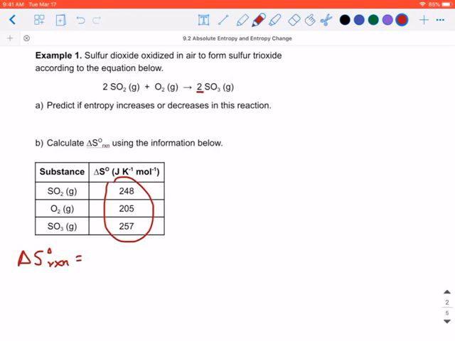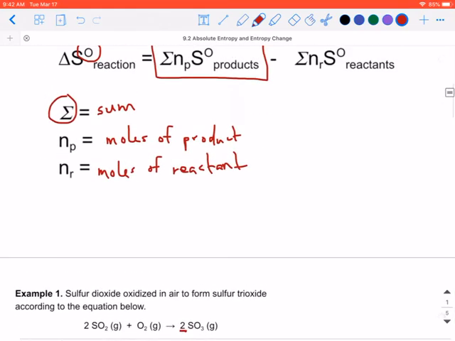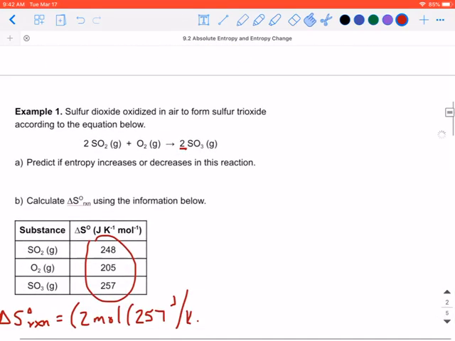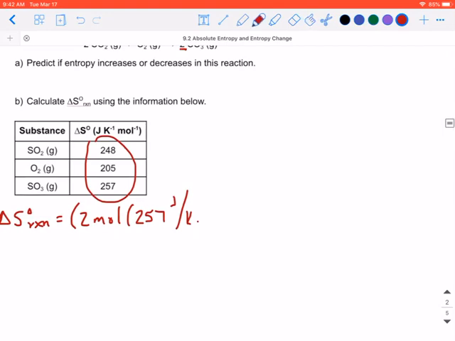I have 2 moles of SO3, so 2 moles times the entropy of SO3, which is 257 joules per Kelvin times mole.